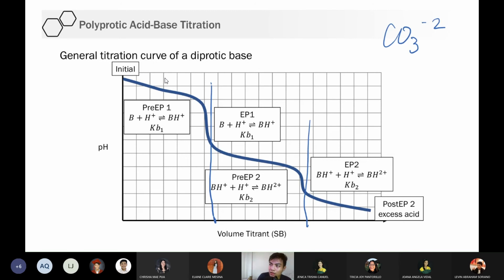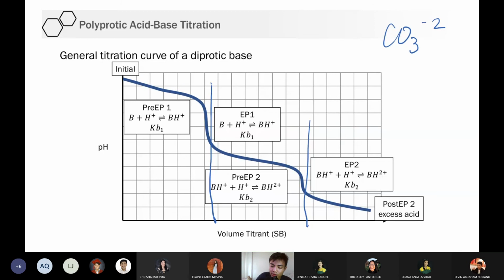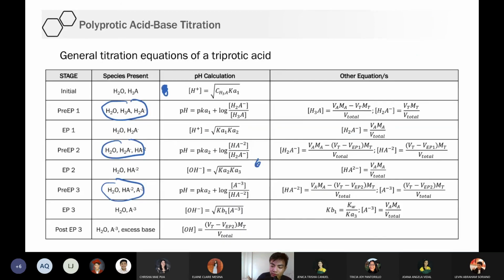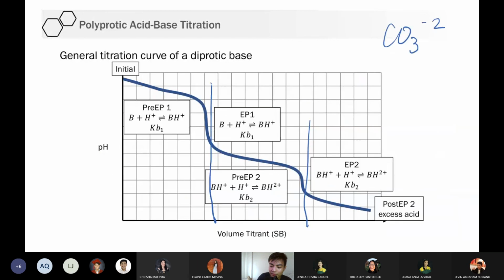Then you have two buffer systems here, dito and dito. In the middle, you have the pK values, pKb values. Kunwari, baka inisip nyo, sir, pwede ba ito and ito, divide ko yan, makukuha ko to?